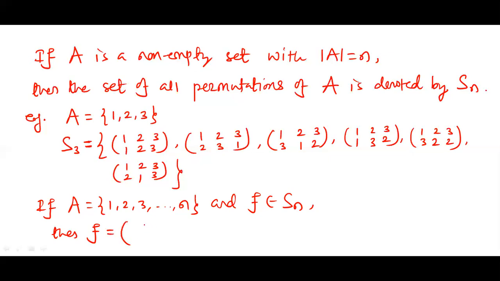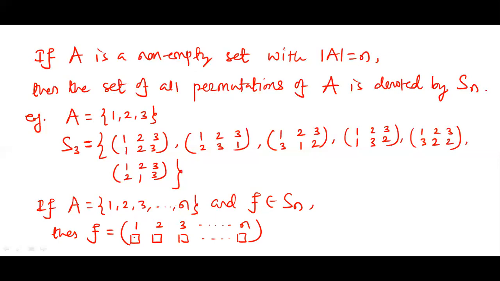We can write f as this symbol. Now see, for this position, how many choices do we have? Set A contains 1, 2, 3 up to n elements, right? For the first box, for the first position, we have n choices.